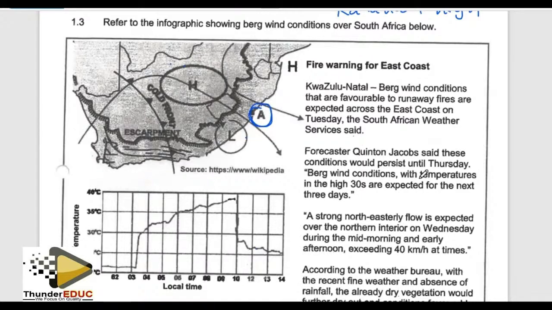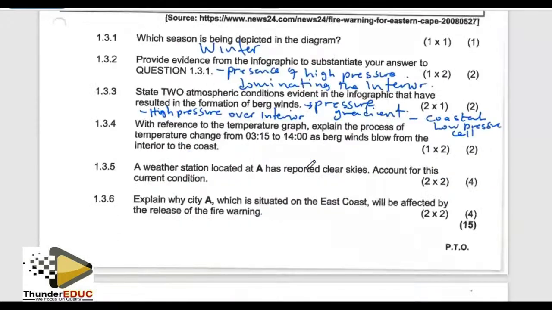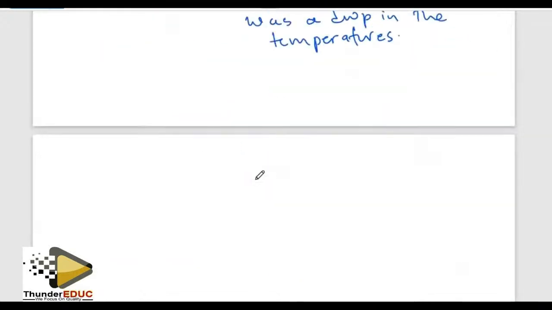So when they say clear skies, it means there are few or no clouds developed along point A. Let's go to our blank page for question 1.3.5.